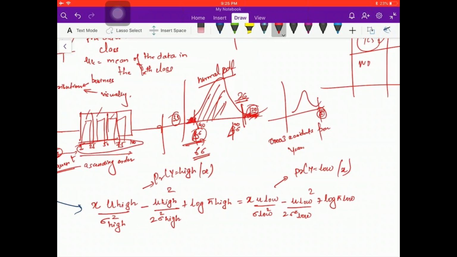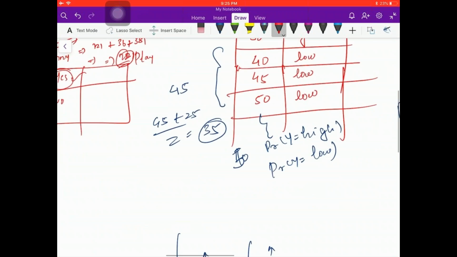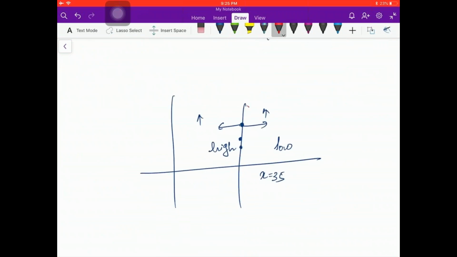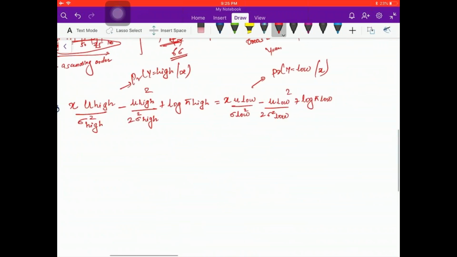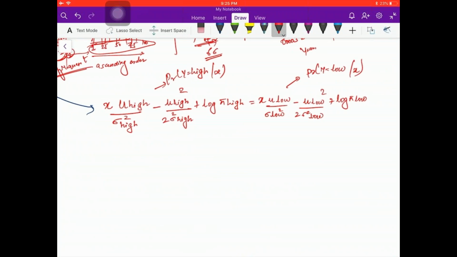When will these be equal? They will be equal on the decision boundary, as we said. So the x that we get from here should lie on the decision boundary. Simple maths: equating the two equations and finding whichever x satisfies them gives the decision boundary, right? Yes, this is clear.